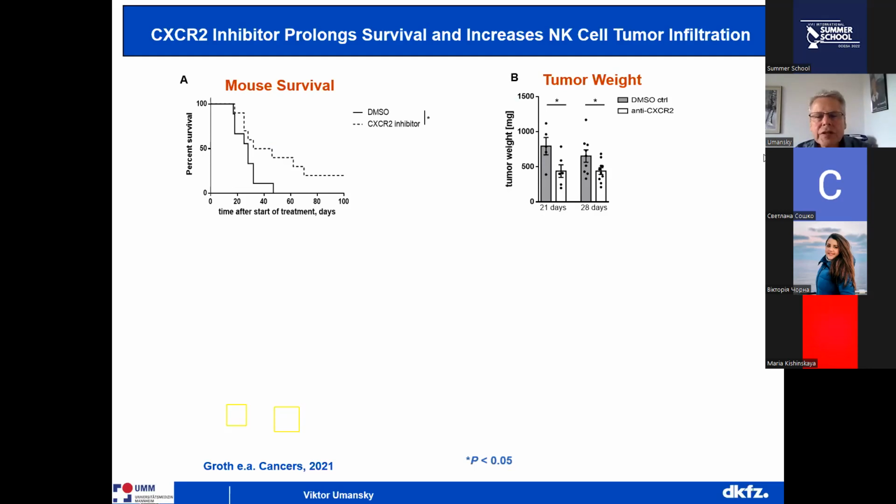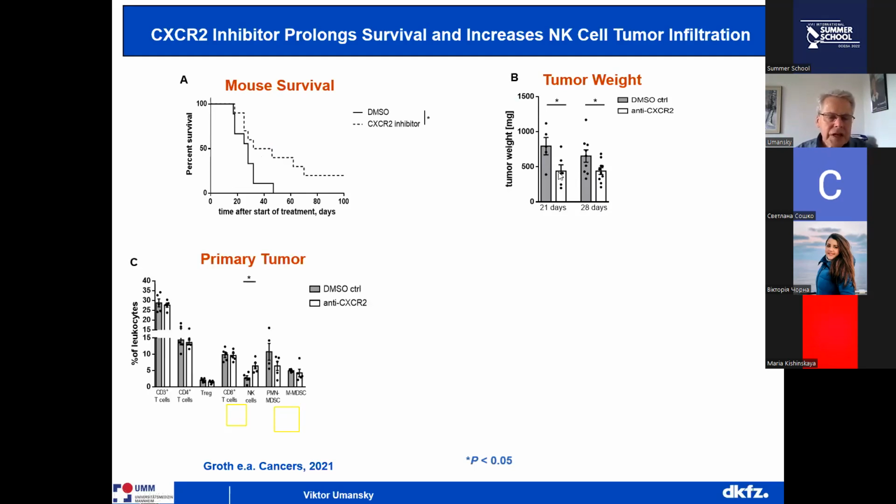So we used an inhibitor, again treated the mice, and we found that this CXCR2 inhibitor can prolong mouse survival. We also measured tumor weight at particular time points, 21 days and 28 days. Of course, these are different mice, and we found that it's not only prolonged survival, but a real anti-tumor effect.